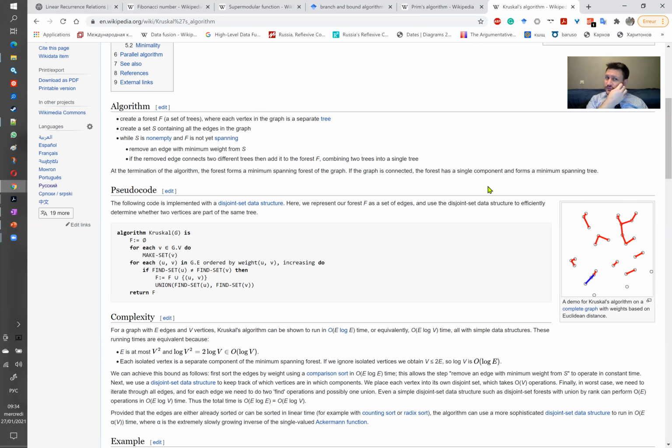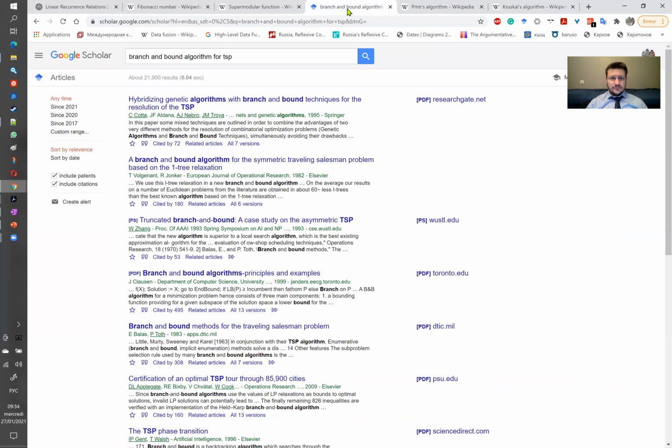I would like also to share some news about this algorithm. So today we will talk about the traveling salesman problem, TSP, and branch and bound techniques and methods.